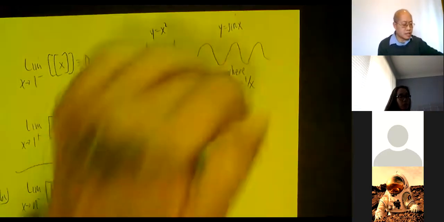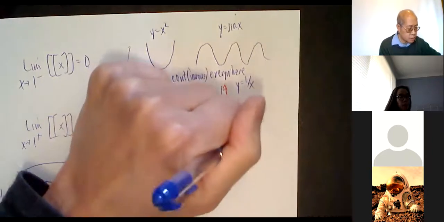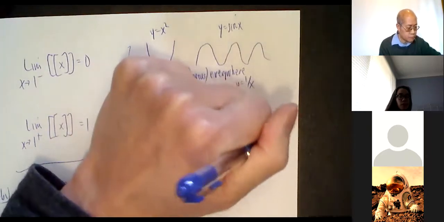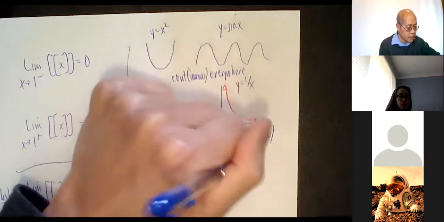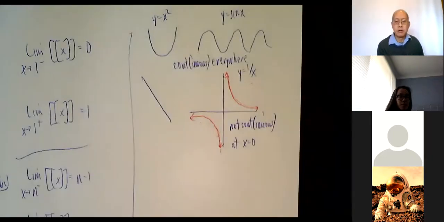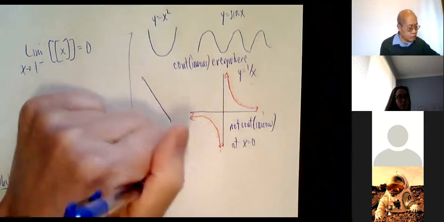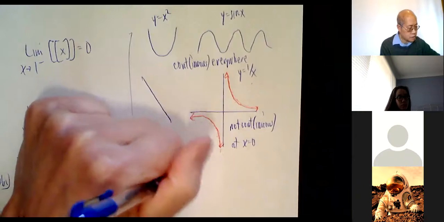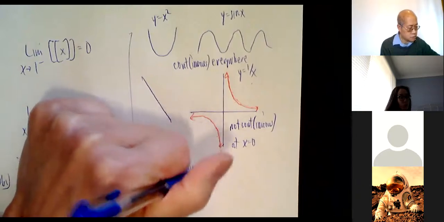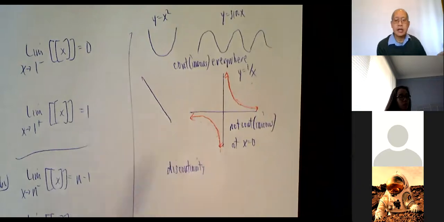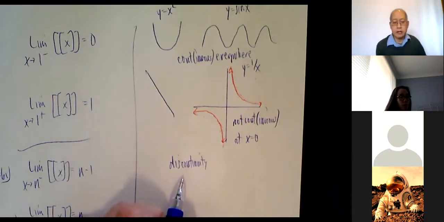So here's a function which is not continuous at x equals 0, but continuous everywhere else. Okay. So we would say we have a discontinuity, fancy word, discontinuity. So we can talk about continuity, discontinuity at a certain point.